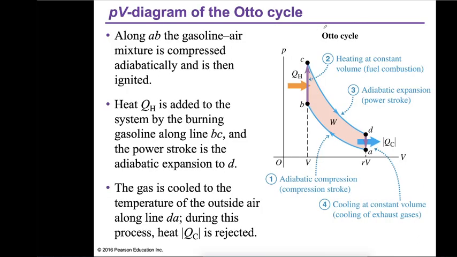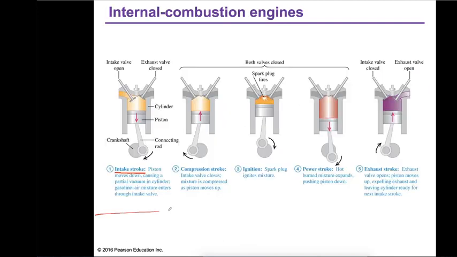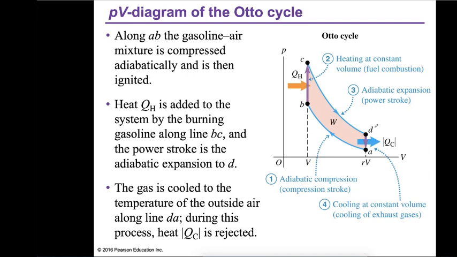So if we draw a PV diagram of the entire process in this internal combustion engine, you can see the curve is like that. For example, at stage one, when this is the compression stroke, okay, so actually, let's see, from A to B, this is the gasoline air mixture, which is compressed adiabatically and then ignited.